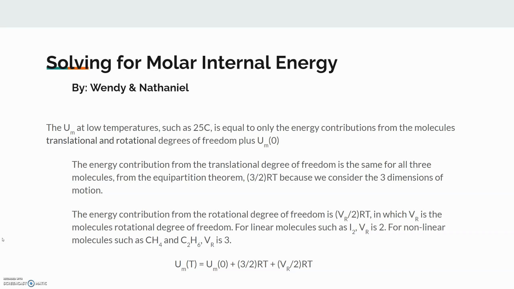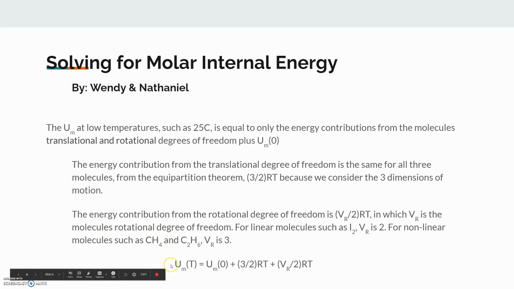For linear molecules such as iodine, v_r is equal to 2, and for nonlinear molecules such as methane and ethane, v_r is equal to 3. I can go into more detail in the next slide about those.